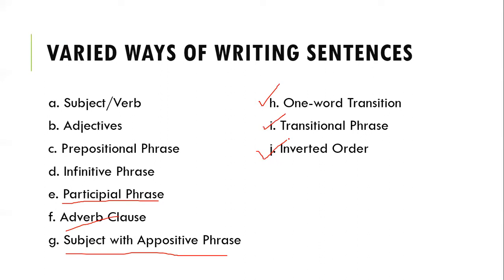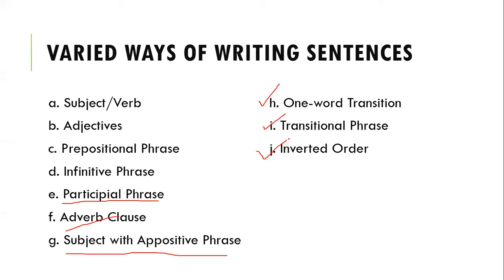So the last comes before the first. So that is common in movies, where they show the climaxed scene before it will go to the story itself. So you can also use that. That is inverted order. For example, within the vicinity of the country appeared a strange animal like figure.